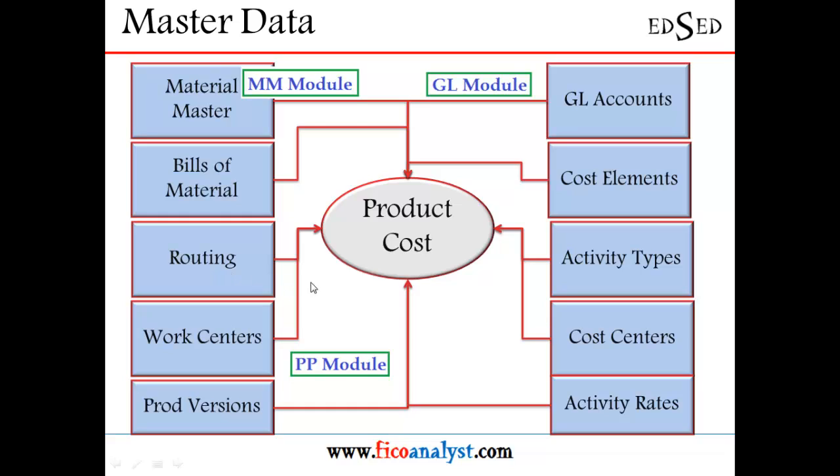All these cost elements, activity types, cost centers, and activity rates are part of the CO module. If you carefully observe, product costing as such has no master data on its own, but all the master data which is there for the product costing module, which is the CO module, is coming from other modules like MM module, PP module, GL module, and CO module.